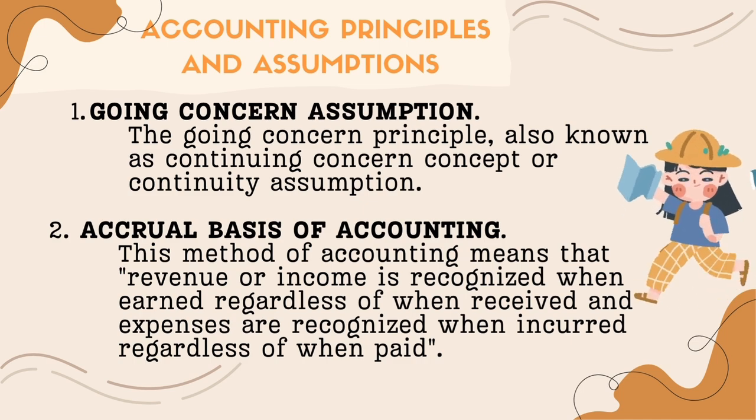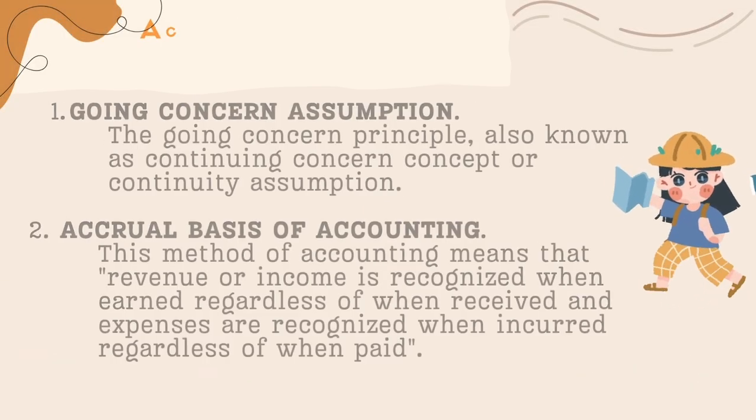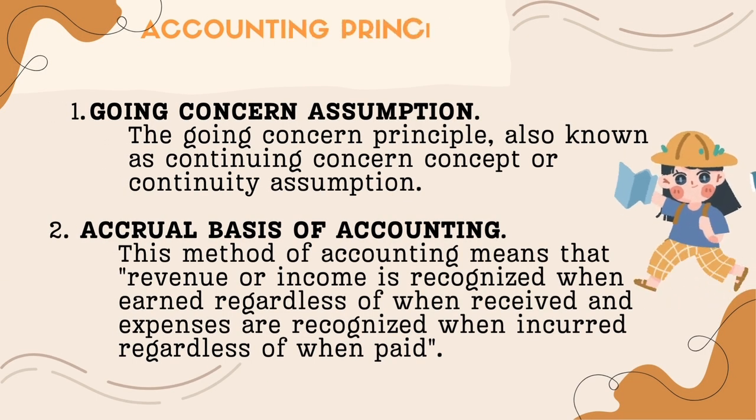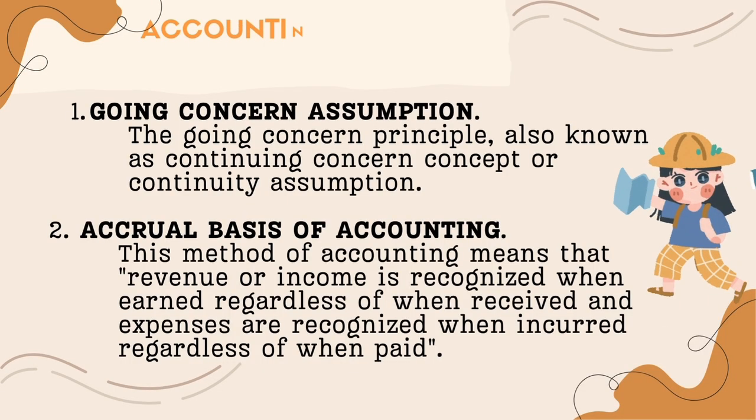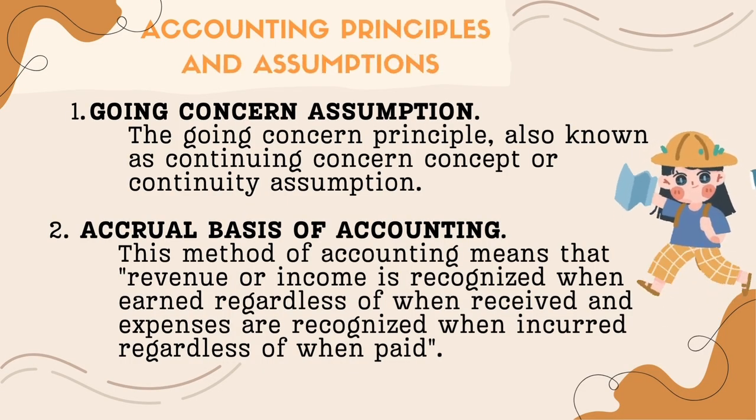So, this method helps show the real financial situation of the business, not just the cash flow. Whatever happens at the moment is recognized in the business, regardless of whether cash has been received, because this is not just the cash flow. This is about the financial situation of the business.